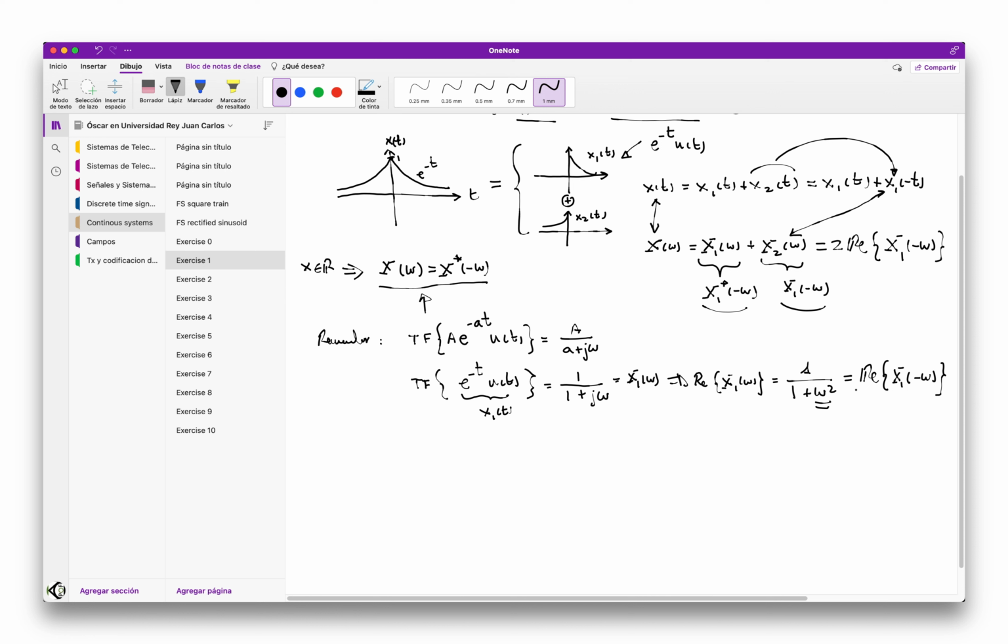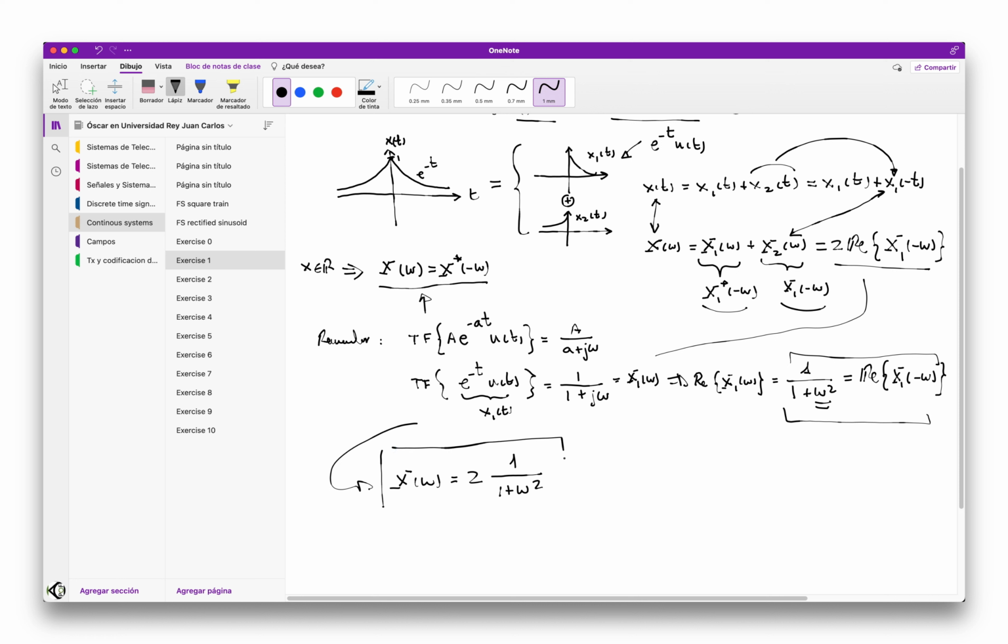And this is exactly what we want, the real part of X1 of minus omega, which is over here. So finally, if we go all the way over here, we get that X of omega, the Fourier transform that we have, is 2 times the real part of X1 of minus omega, which is 2 times 1 divided by 1 plus omega squared. Okay, so this is the result that we were looking for.